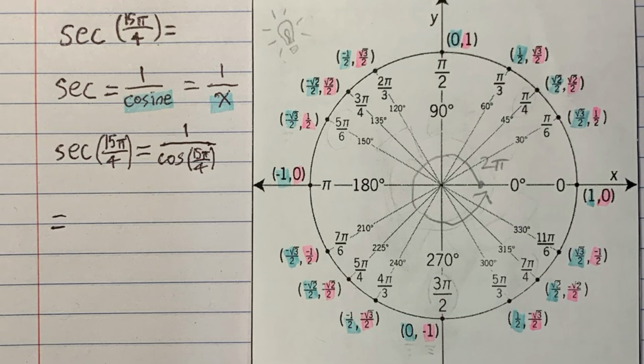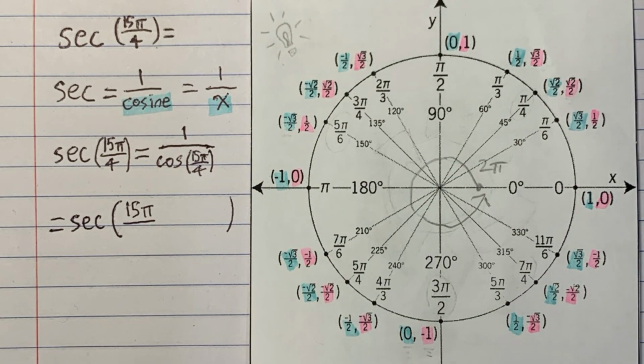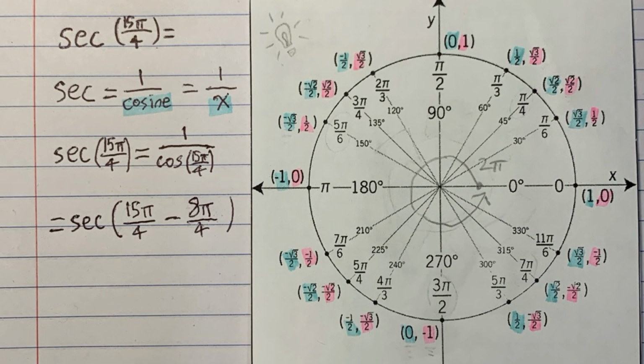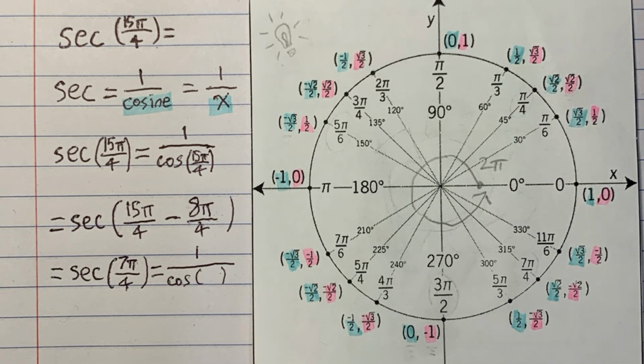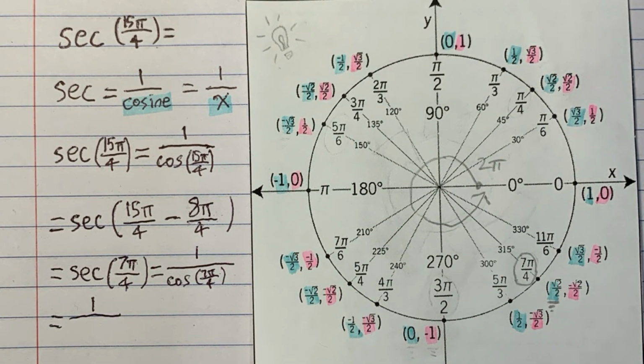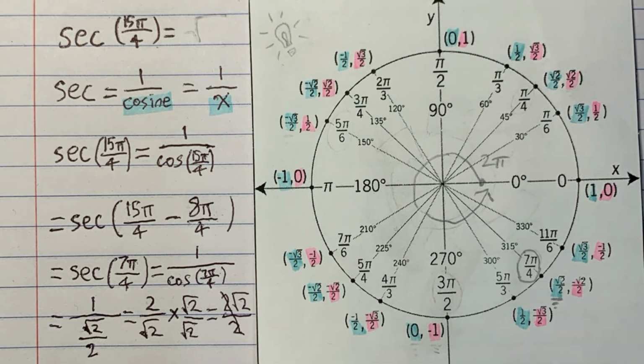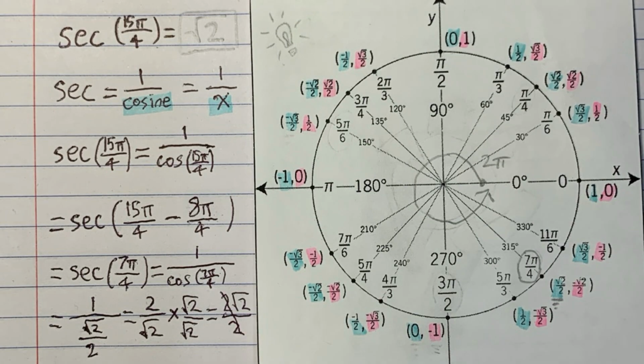So this means that we can subtract 2 pi from the 15 pi over 4, and this gives us the secant of 7 pi over 4, and the angle is actually the same, but now 7 pi over 4 is on the unit circle, so that means we can evaluate. We find 7 pi over 4, and we find the cosine value, which is radical 2 over 2. We evaluate, and this turns out to be radical 2, and that is our answer.